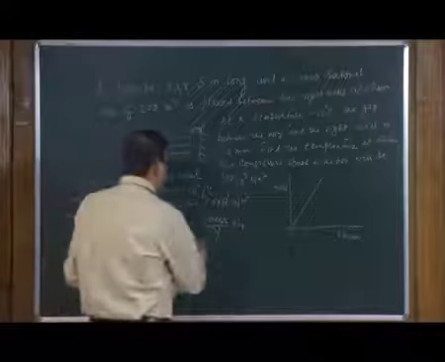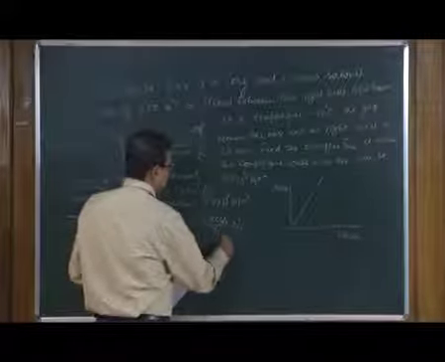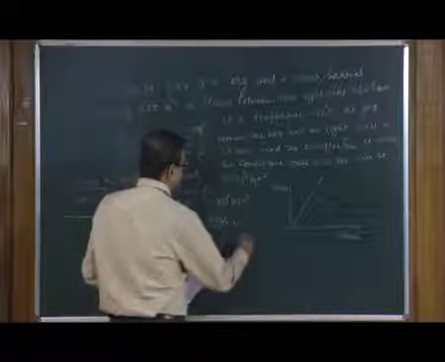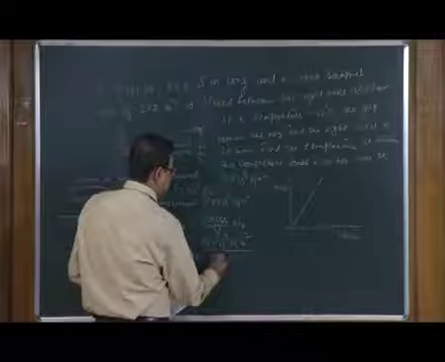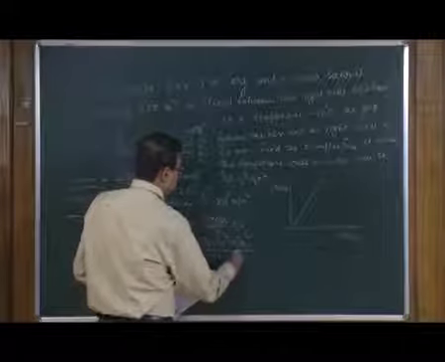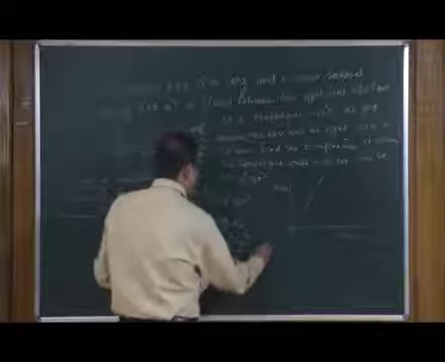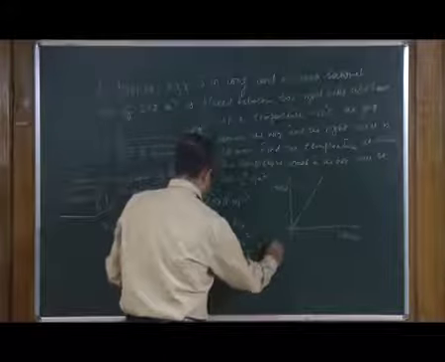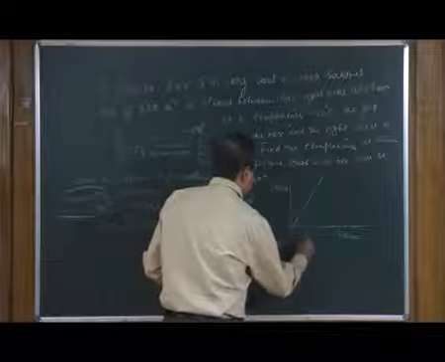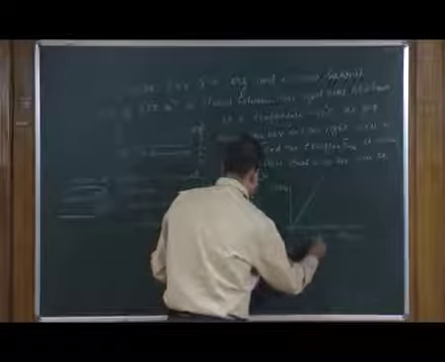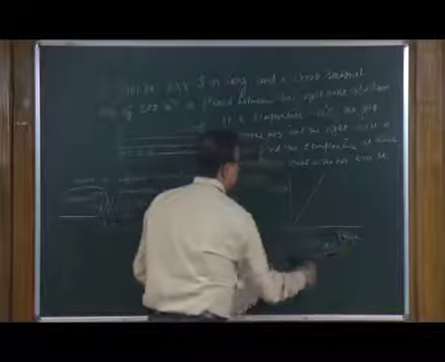If I put all these values, 30 into 10 cube Newton per meter square divided by the Young's modulus, which is 80 into 10 to the power 6 Newton per meter square, into 5 meter, this will give me 1.875 into 10 to the power minus 3 meter.